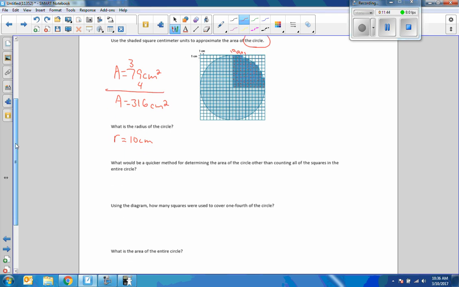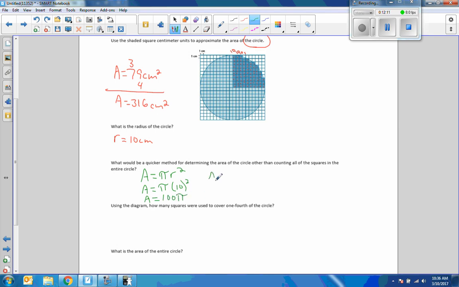And then it says, what would be a quicker method of determining the area of the circle other than counting all of the squares in the entire circle? Using the formula. Okay, so area equals pi r squared. Area equals pi times my radius, which is 10 squared. So the area equals 10 squared is 100 pi.